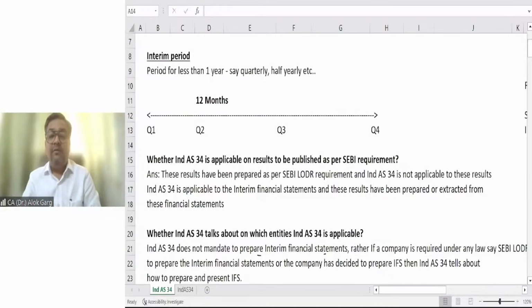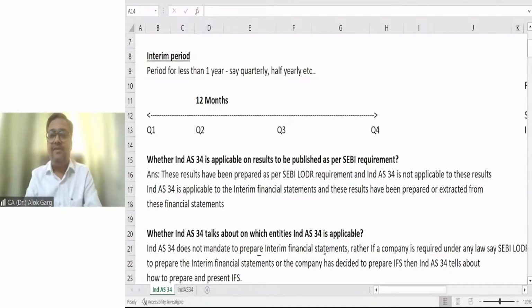Number two, when you are filing the results to the stock exchange, of course, these numbers are final numbers. You cannot change the old period numbers subsequently. The change is only allowed when either you are changing the accounting policy or you are correcting an error, which you have understood in Ind AS 1 and Ind AS 8, right?